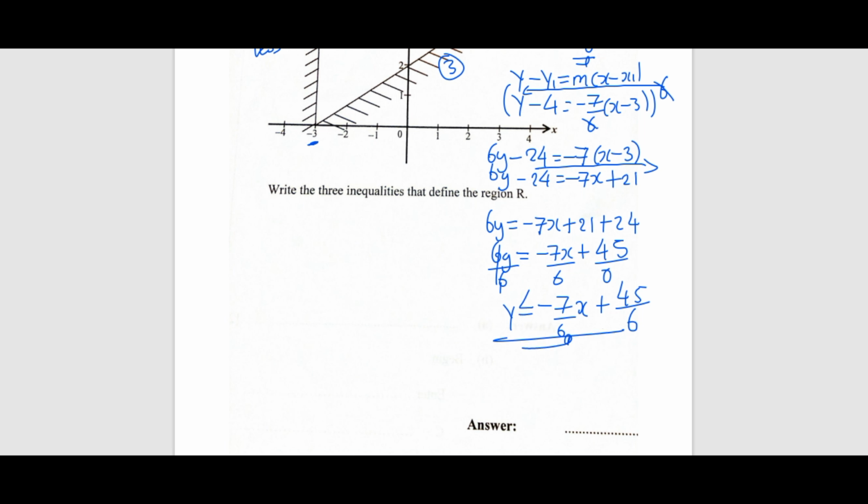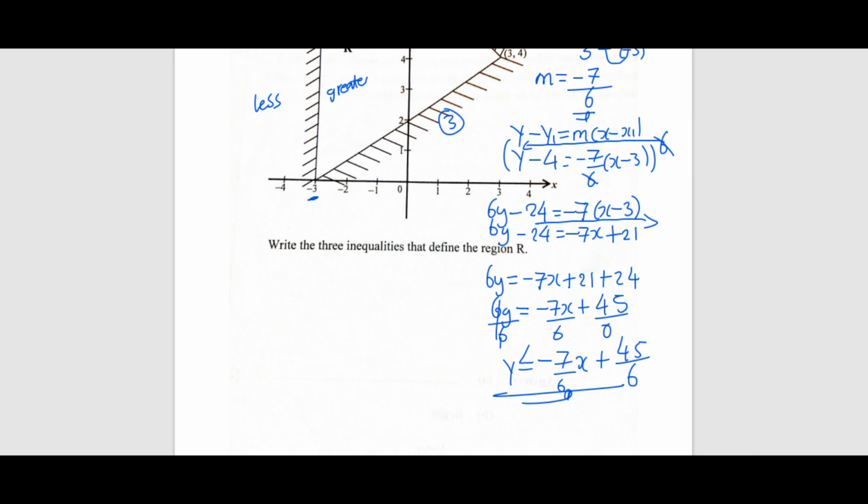Now let's go to inequality number 3. So we know the coordinates here is negative 3, 0. So in x-axis is negative number, 0. Then here we have this 3, 4.